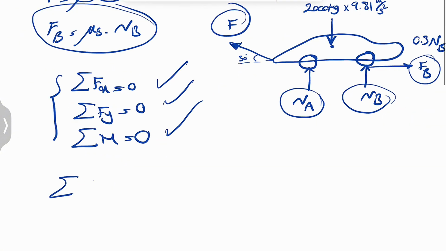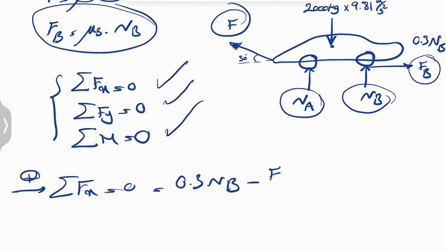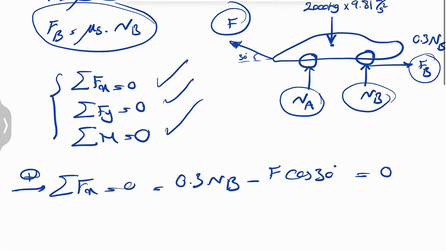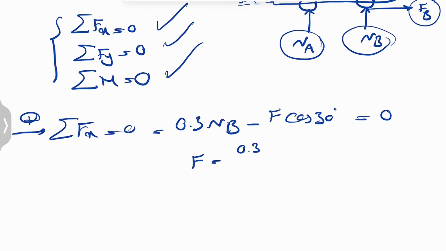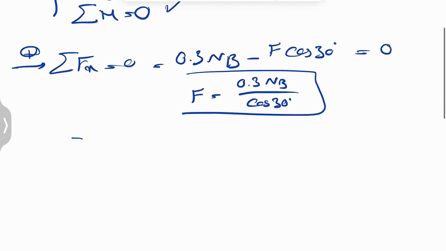Let's start with the sum of all forces in x equals 0. Let's consider this as our positive x-axis. So we have FB, or 0.3 NB, minus F cosine of 30 degrees equals 0. So our F would be 0.3 NB divided by cosine of 30 degrees. That's going to be our first equation.